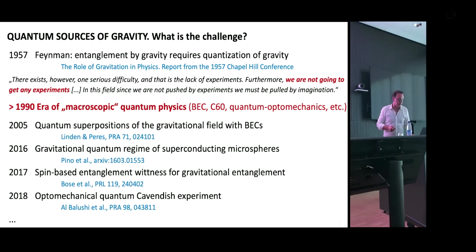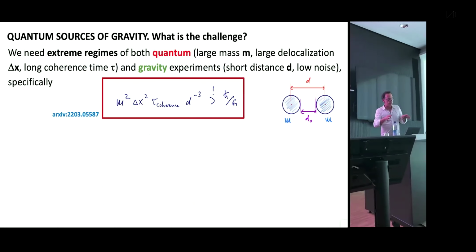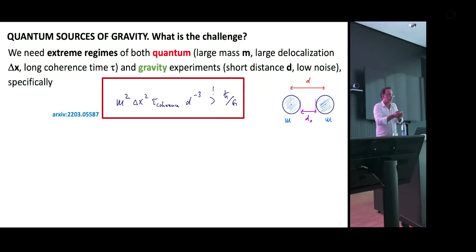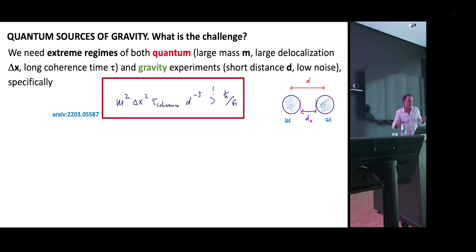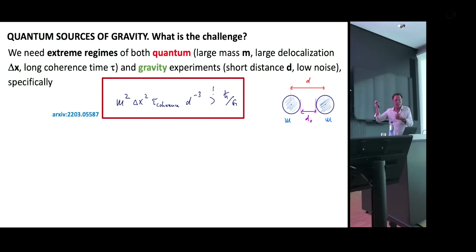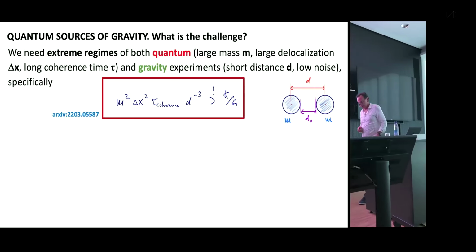Now, let's go into the details. The goal is now, for the remainder of the talk, to answer the question: can we produce quantum sources of gravity in the lab? Is this a completely crazy question, or is it something that has some possibility to be realized? So what do we need?